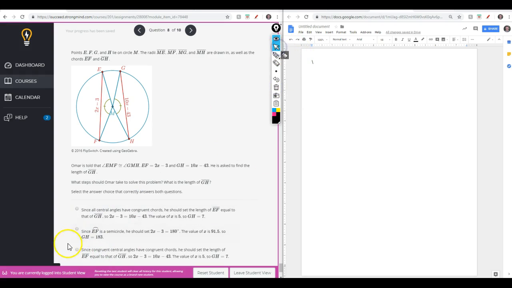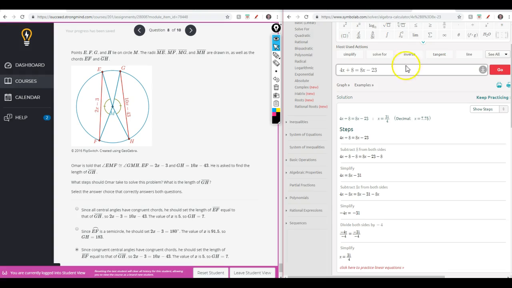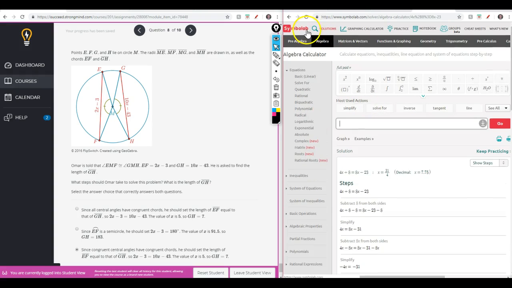I'm not going to do any algebra. I can, just to show you. Or you could use the algebra calculator by Symbolab, and it'll show us the steps. 2x minus 3 is equal to 10x minus 43.